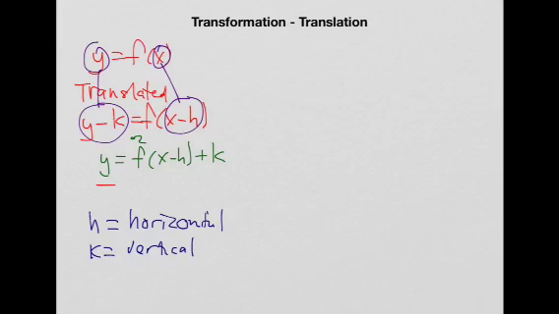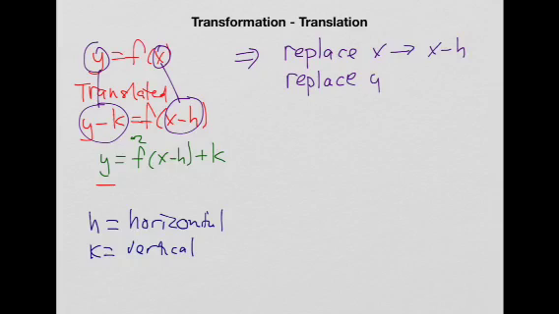So when we're working with an equation, it's nice to think of that idea of a substitution. When I do this translation, I'm just going to replace x with x minus h, and replace y with y minus k.